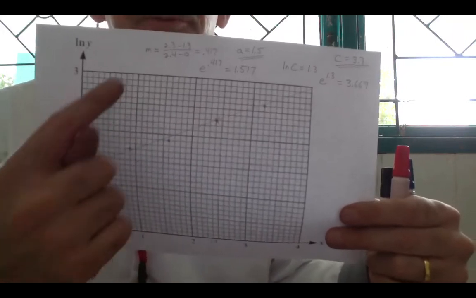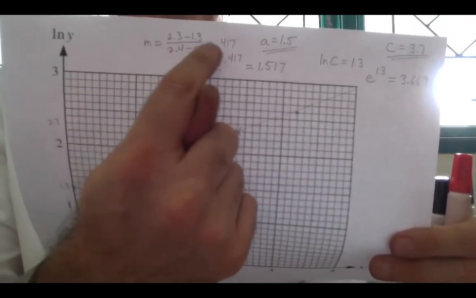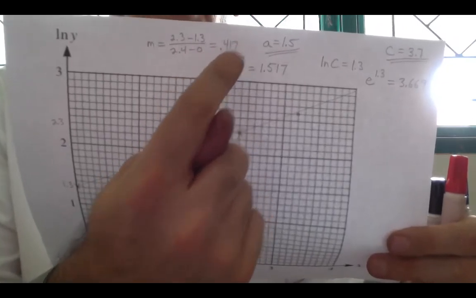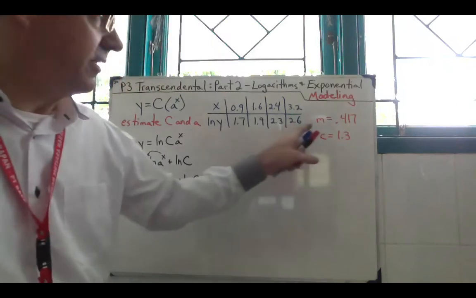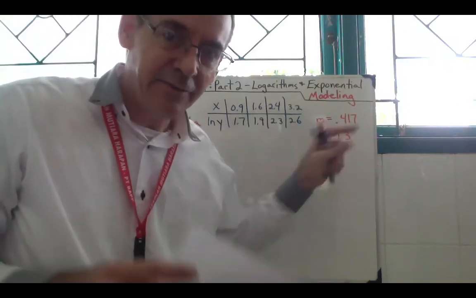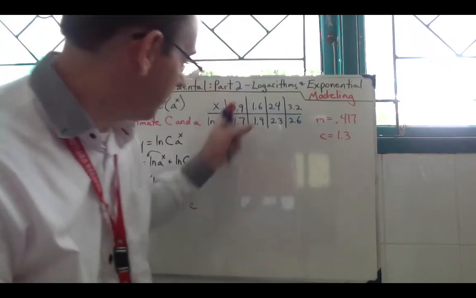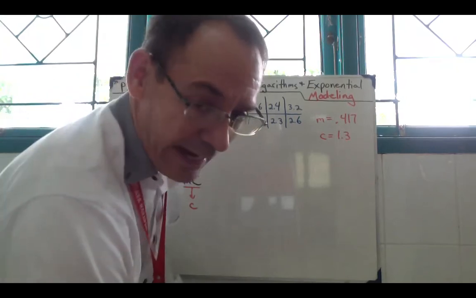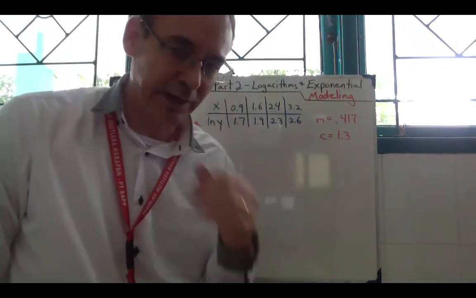So I used those 2 points to calculate the slope, and I ended up with my slope as 0.417. Okay, so here is my slope, 0.417. I get that from drawing my best fit line from these coordinates. Remember, use accurate graph paper. And then the y-intercept is 1.3.